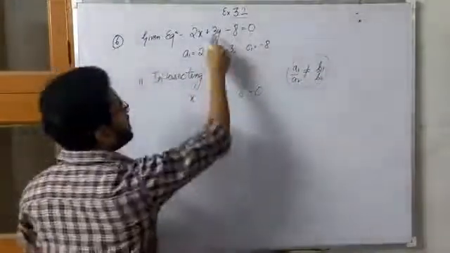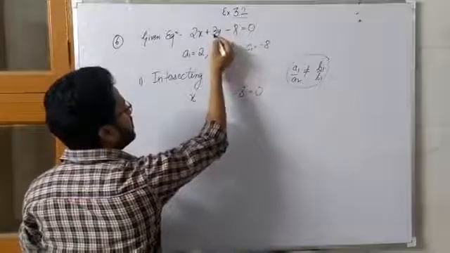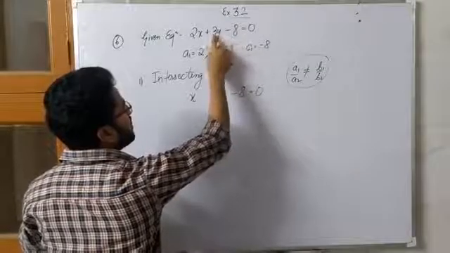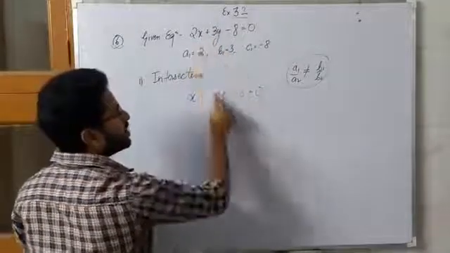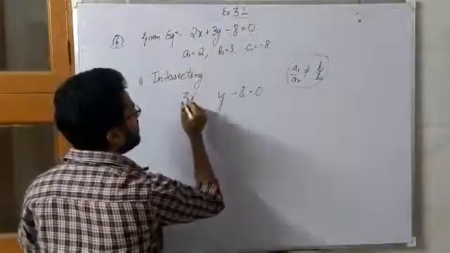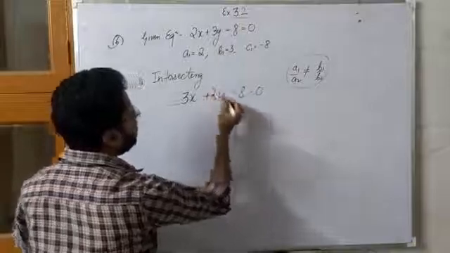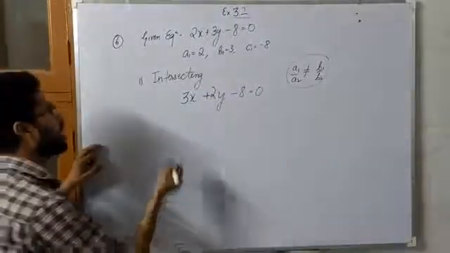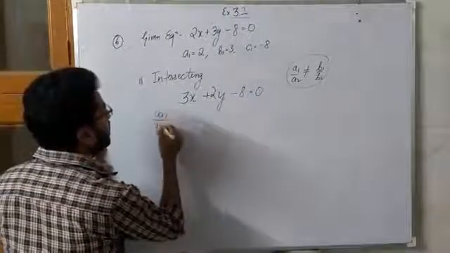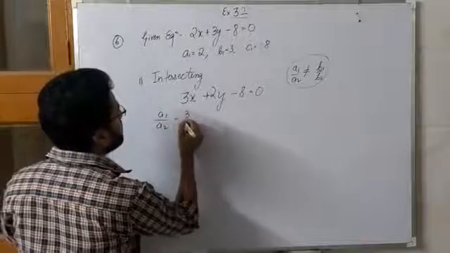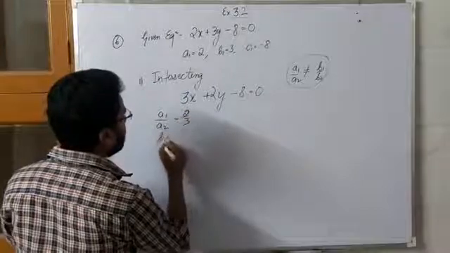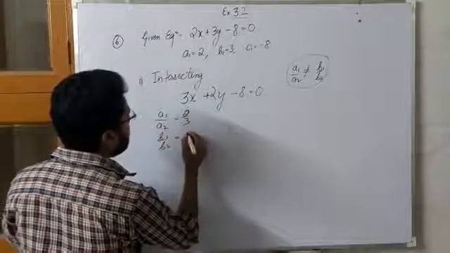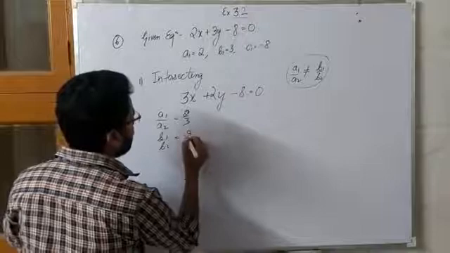So there is a simple trick: the 3, which is the coefficient of y, write it with x, and write the coefficient of x with y, right? So 3x plus 2y. Now you can clearly check, A1 upon A2 is 2 by 3, and B1 upon B2 is 3 by 2, right?